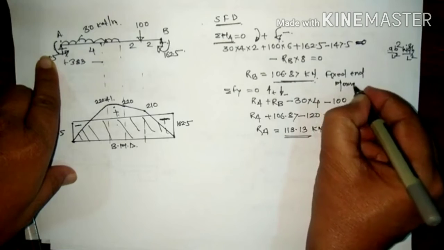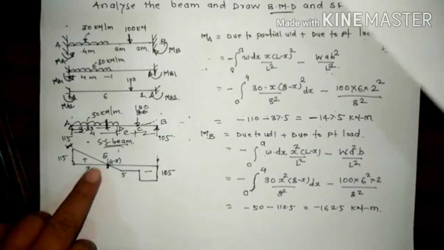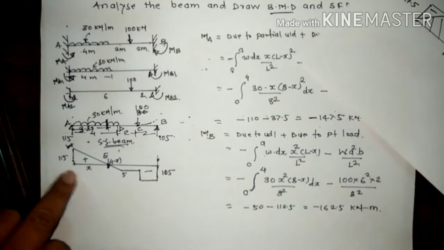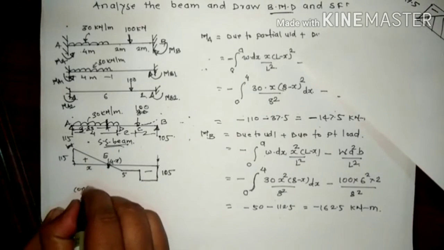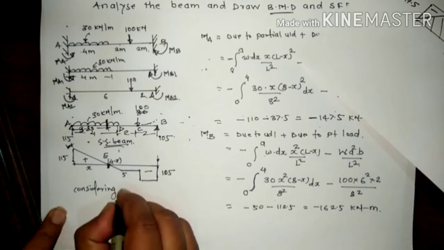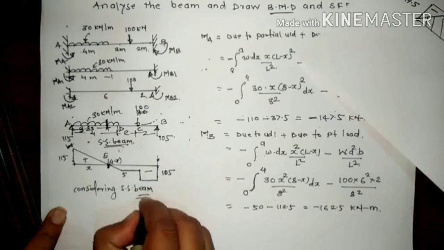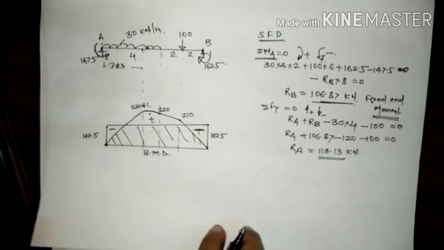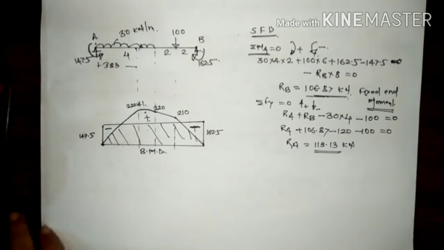And the previous one, this shear force diagram was only for considering the simply supported beam. Okay, so now this is the final BMD. So again we have to draw the final shear force diagram.